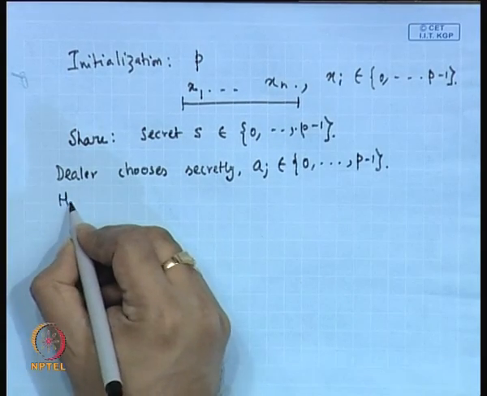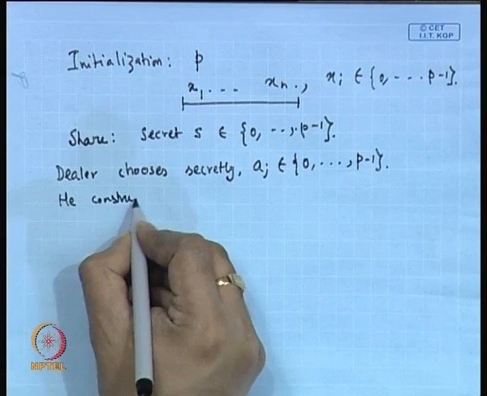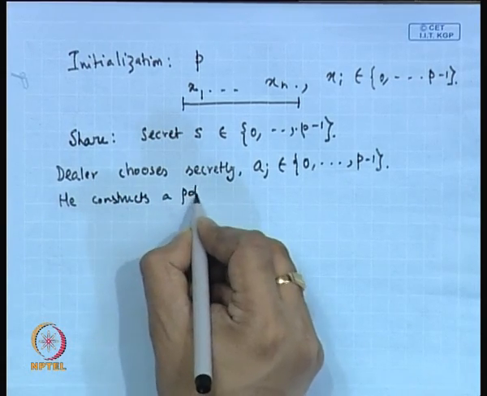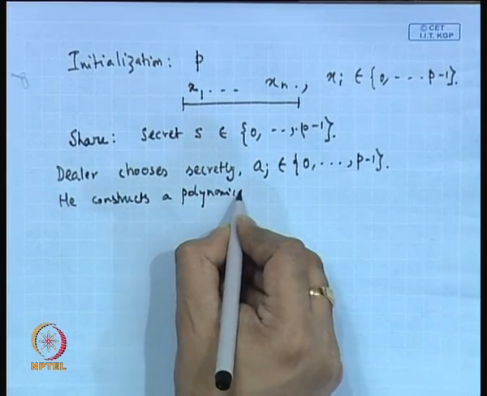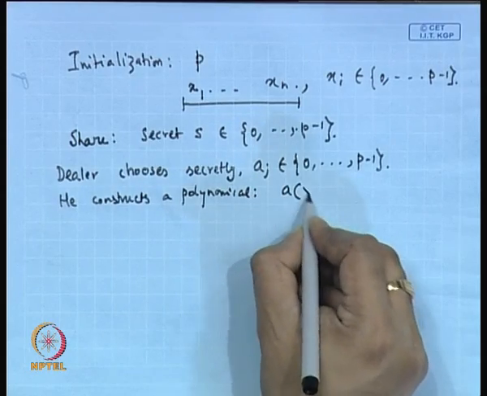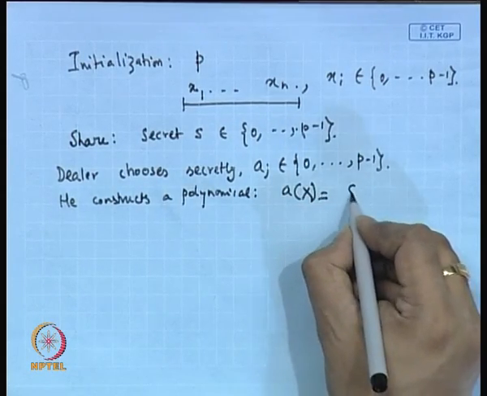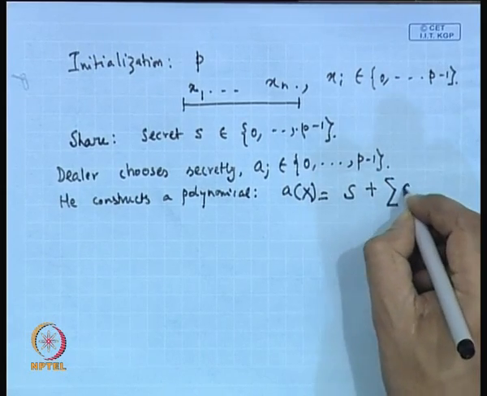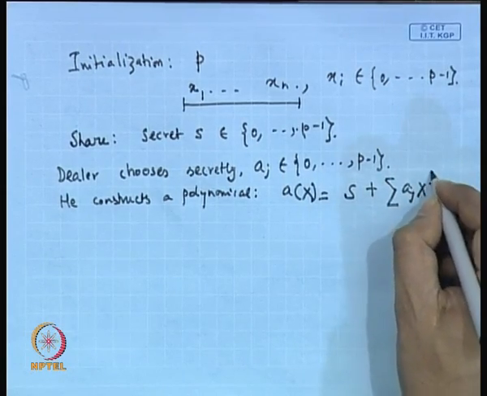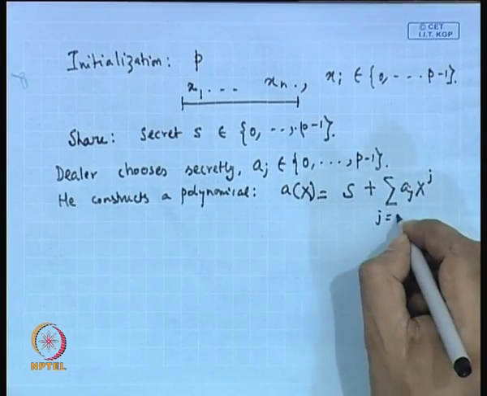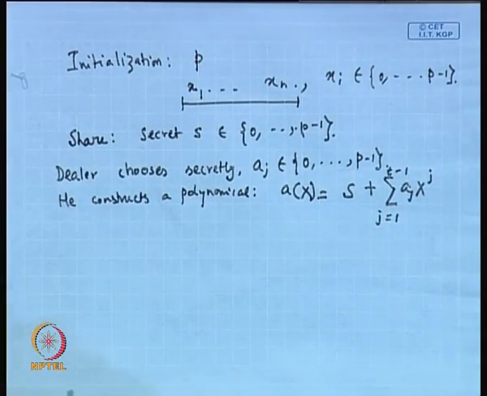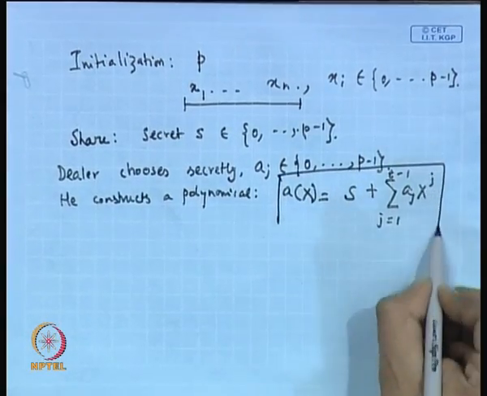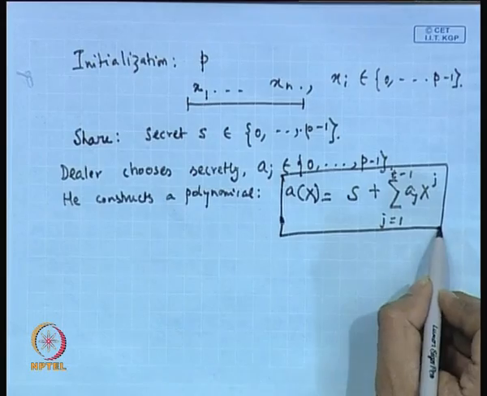So, he constructs a polynomial of this nature, that is a(x) is given by s, which is the constant, plus the sum of aj x to the power of j, where j is varied from 1 to t minus 1. So, this is the polynomial which the dealer creates secretly.